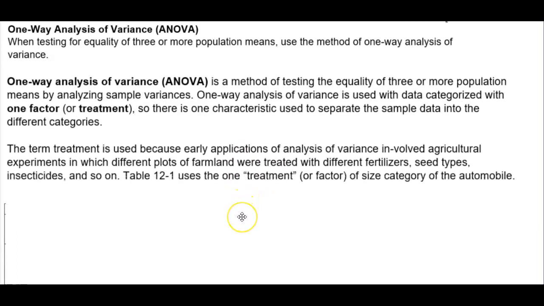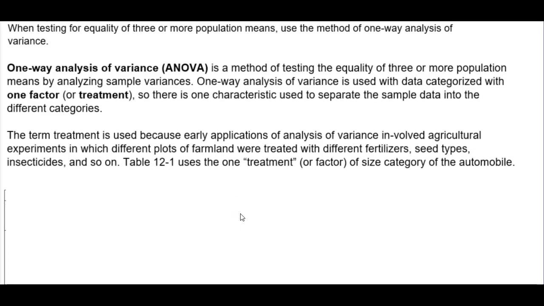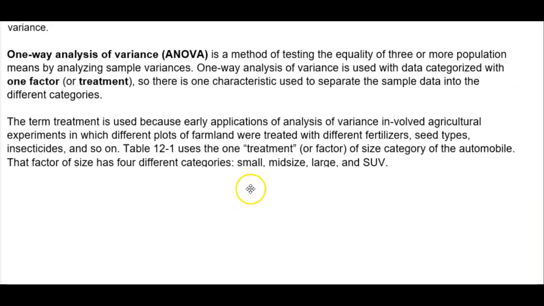The term treatment is used because early applications of analysis of variance involved agricultural experiments in which different plots of farmland were treated with different fertilizers, seed types, insecticides, and so on. Now, Table 12.1 uses the one treatment or factor of size category of the automobile.